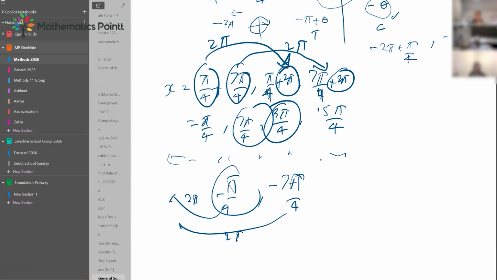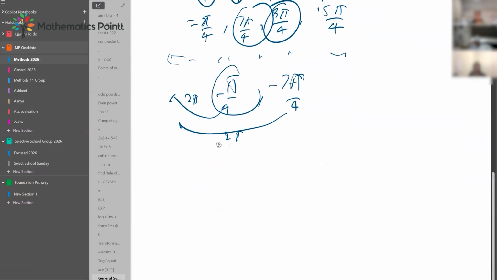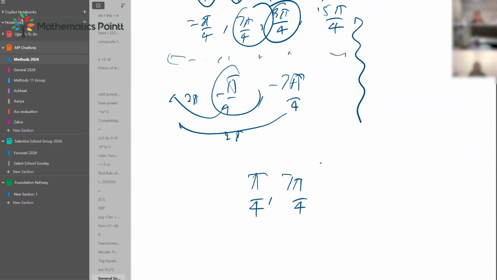So I can now generalize this. I've seen a pattern that if I find my first reference values, which were pi on 4 and 7 pi on 4, the rest is easy. I just add 2 pi's on left or right, and I get every possible solution that I need. So now Kaz generalizes all of that.